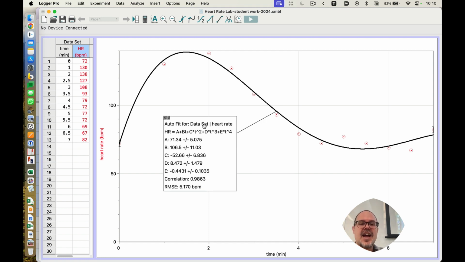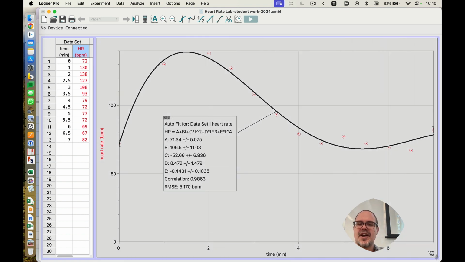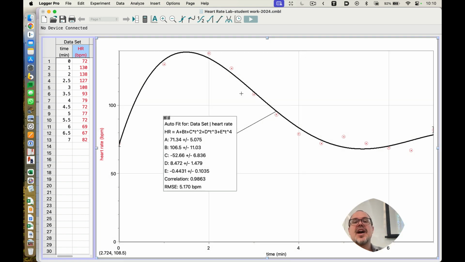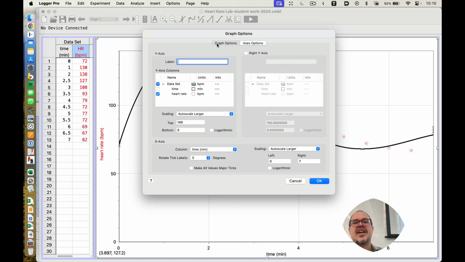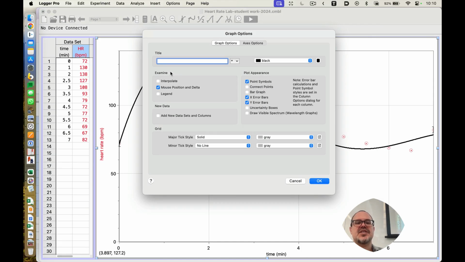Okay. Then I would take a screenshot of this graph. Oh, I gotta put a title. How do I put a title on a Logger Pro graph? Just double click the graph and click on graph options, and there's room here for a title.